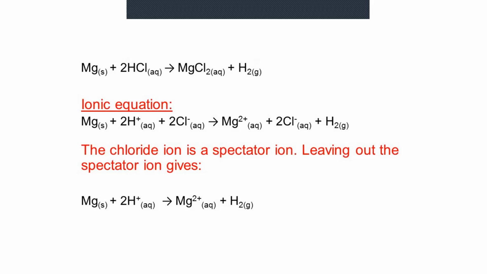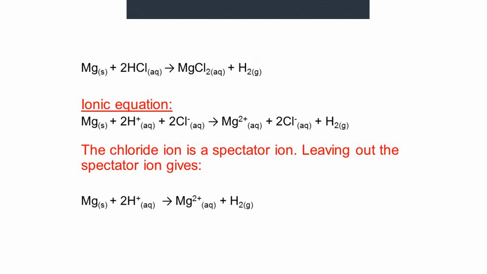So the only difference is whether there are chloride ions or acetate ions in solution. The products are going to be magnesium chloride, which is going to be dissolved, and hydrogen gas.